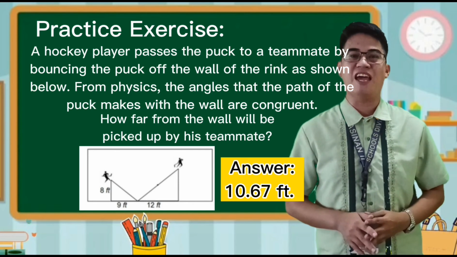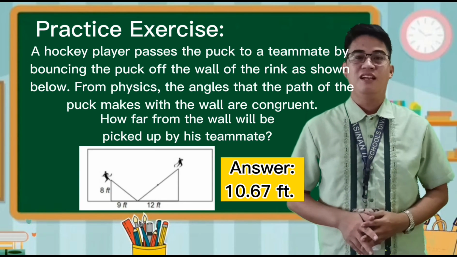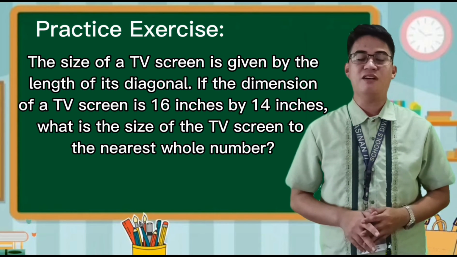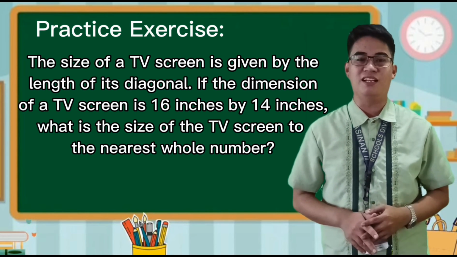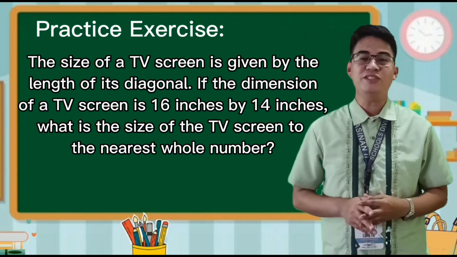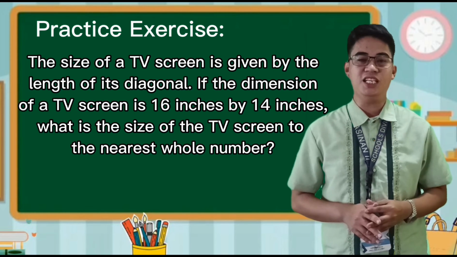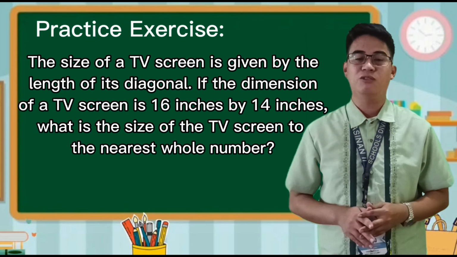If your answer is 10.67 feet, that's great. Let's proceed to number 2. The size of a TV screen is given by the length of its diagonal. If the dimension of a TV screen is 16 inches by 14 inches, what is the size of the TV screen to the nearest whole number?